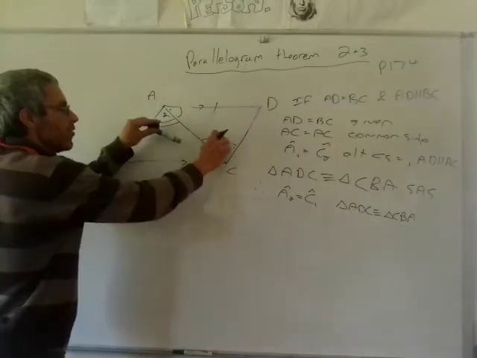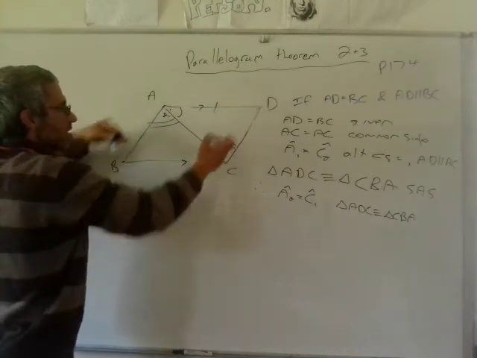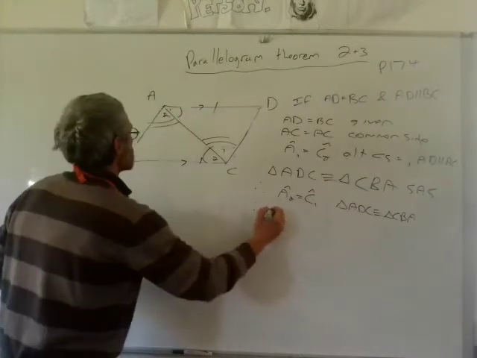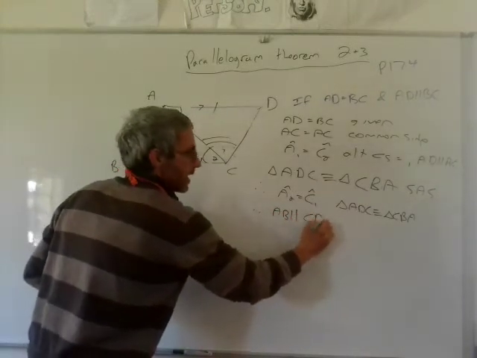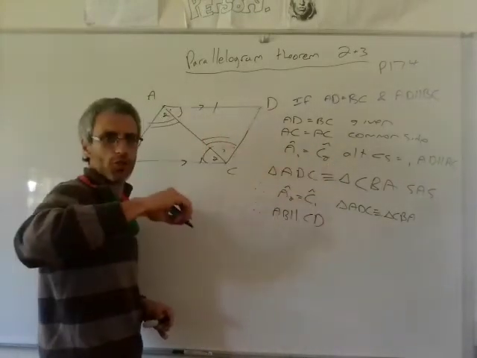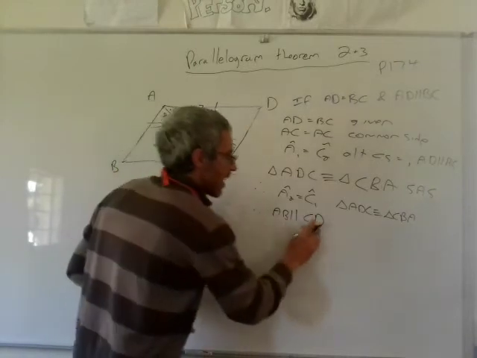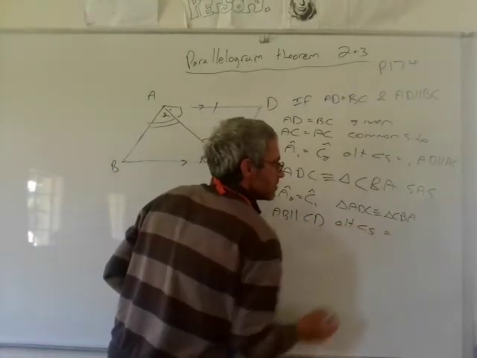Okay. And once I know these two angles are equal, what does it tell me about these two sides? Parallel. That's it. So therefore, AB parallel to CD, and I need to give a reason for that. Okay? That's the converse of them being parallel. So I've got alternating angles equal. Okay?